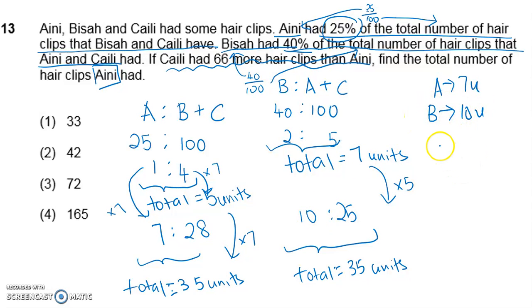Now can I find C? Yes, because I know that B plus C equals to 28 units. And I know that B is 10. So C is actually equals to 28 minus 10, giving me 18 units. C actually has 18 units.